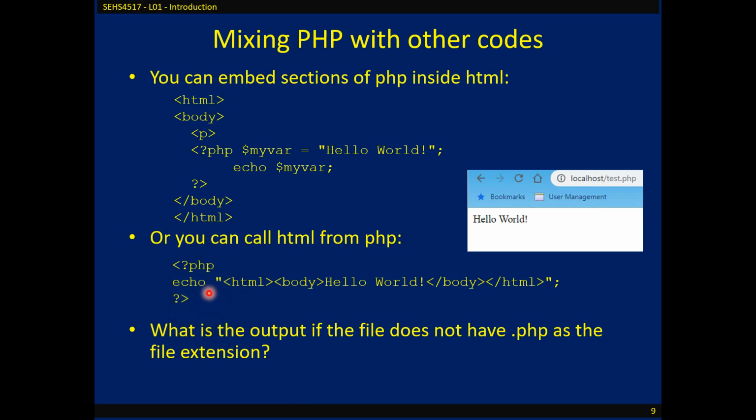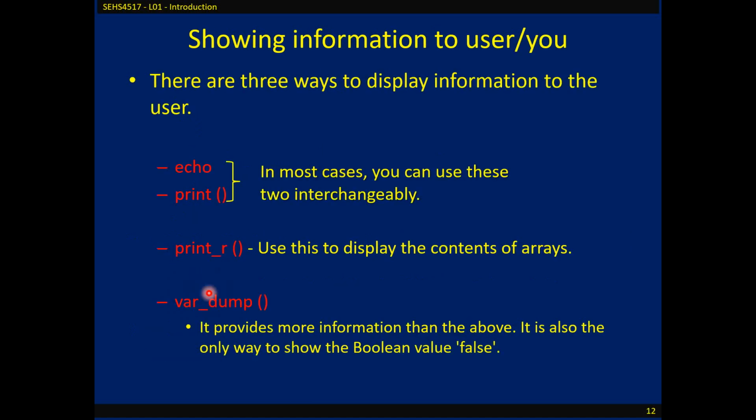Now let's skip to slide 12. If you want to show information to the user or yourself, there are actually 3 ways to display it. You can use echo or print.